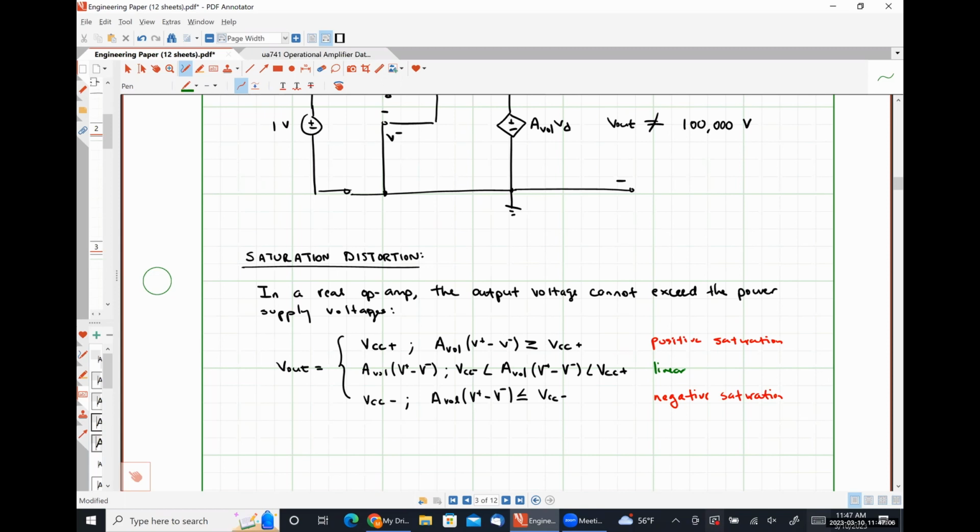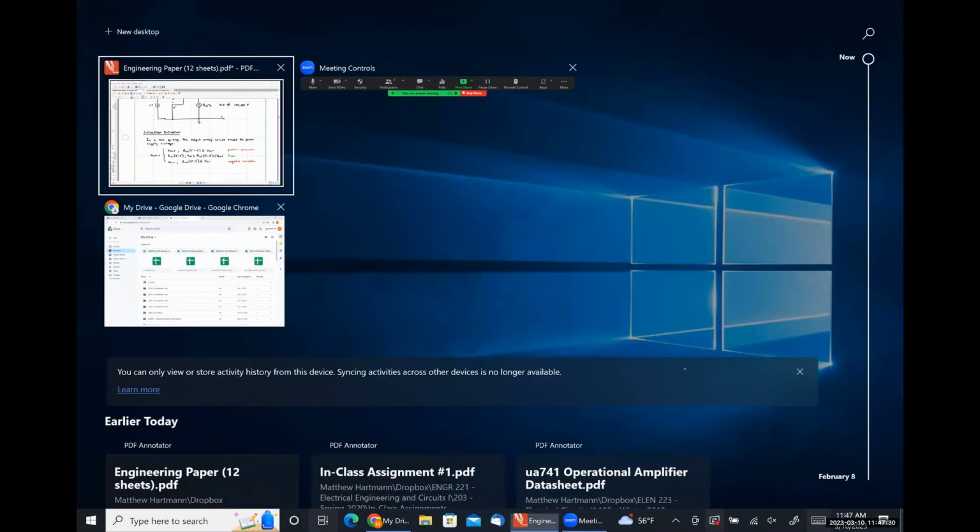So the linear range of an amplifier is effectively the size of the input signals that can actually undergo linear amplification. And this depends on the power supply voltages, because the power supply voltages are what limit what our possible output voltages can be.